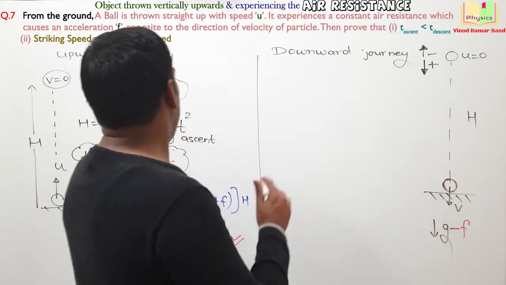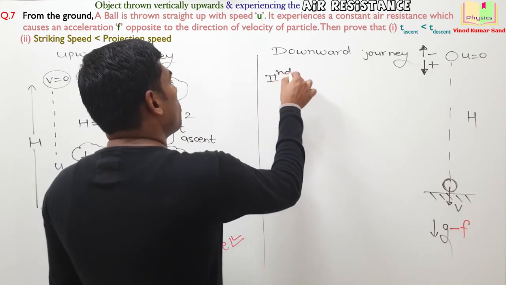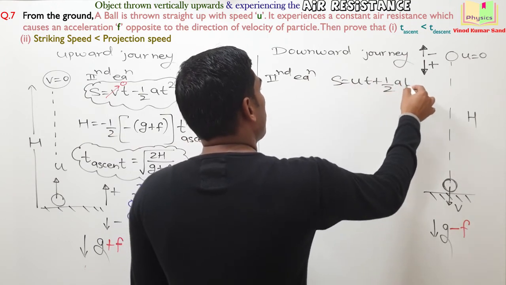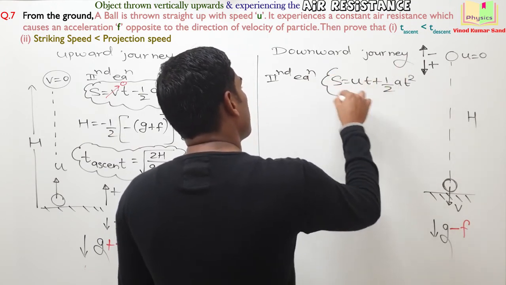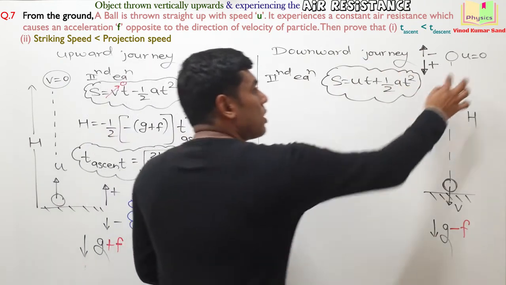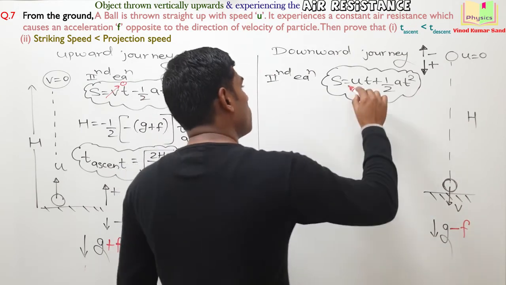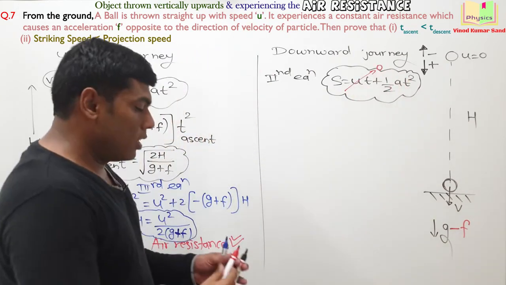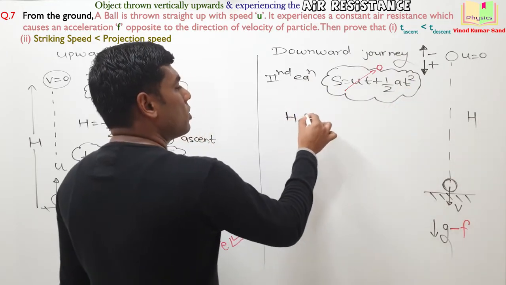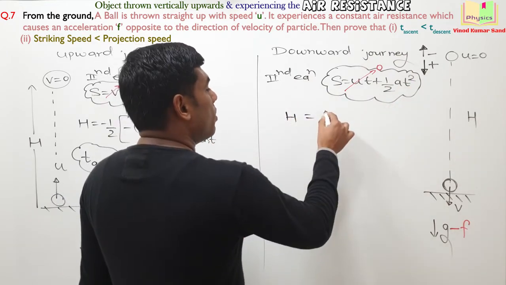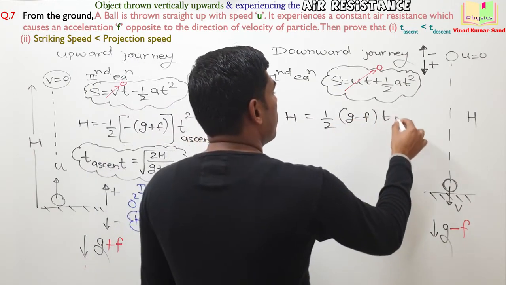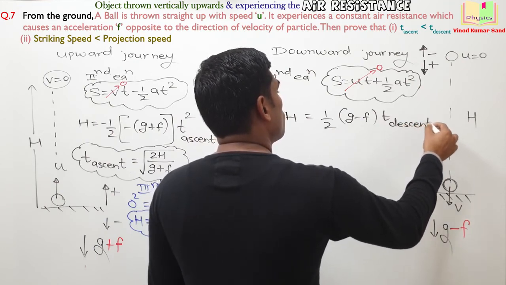Now I'll be using again the second equation of motion, s is equal to ut plus half at square for the downward journey. Why are we using this format at this moment? Because we know that u is 0 in this case. So this part will vanish. Downward direction has been taken as positive. So s will be taken as h with a positive sign, equal to half, acceleration will be taken as (g minus f), and then time of descent square.